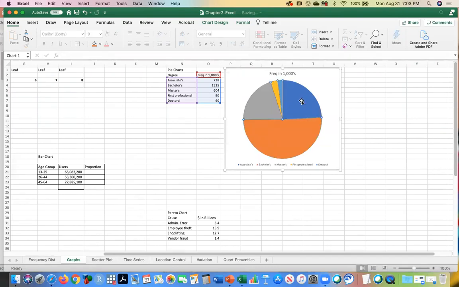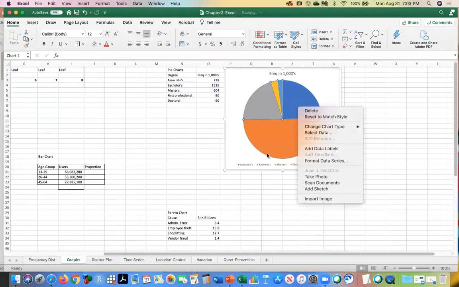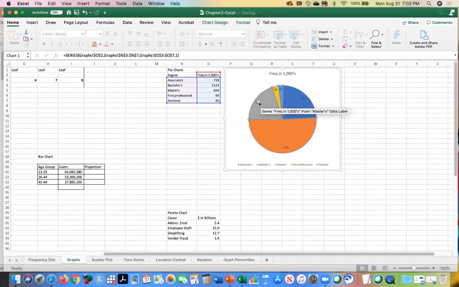Also, if I right click on any of the segments of the pie, I can add the data labels. This is very helpful because as you can see, I can look at the numbers here.